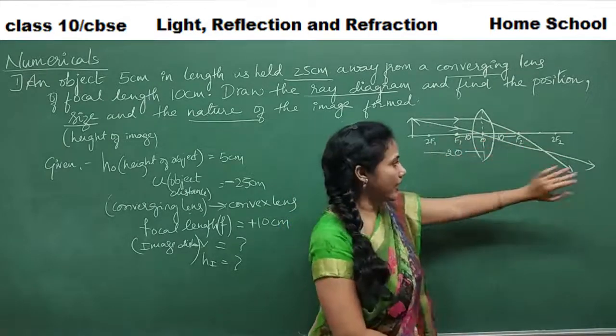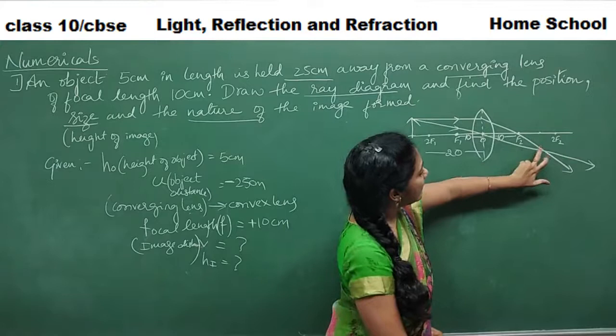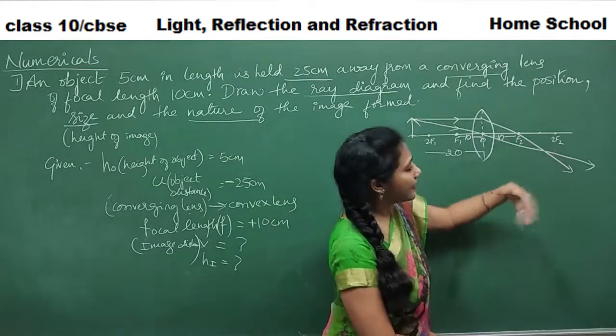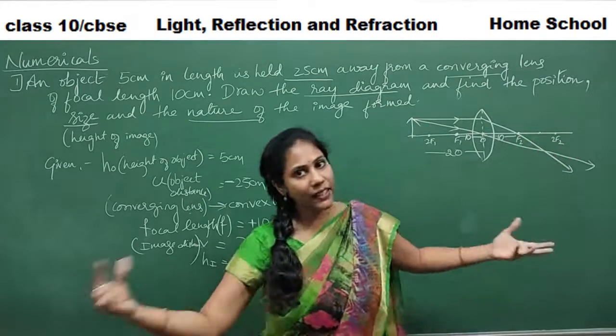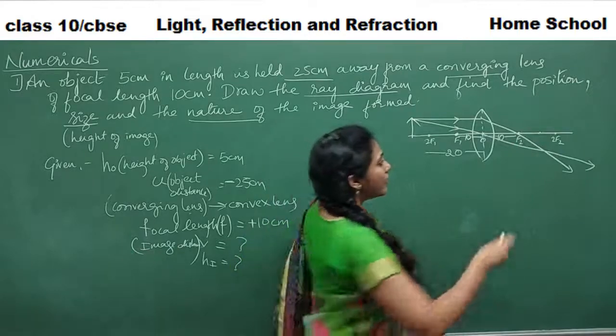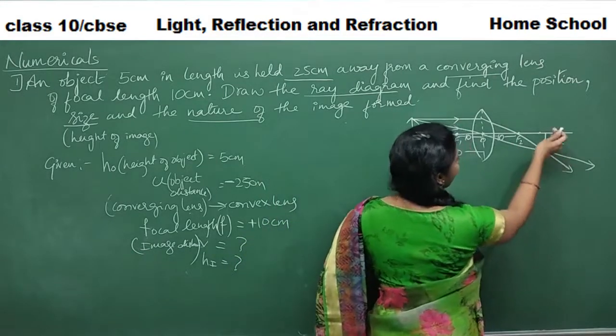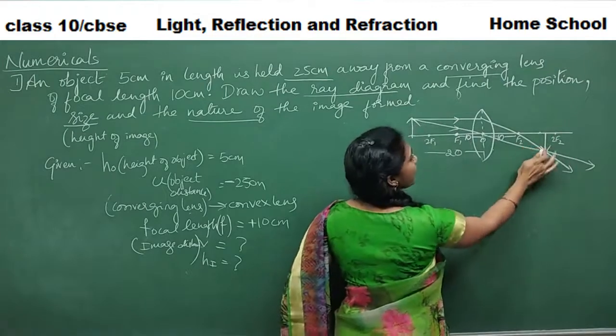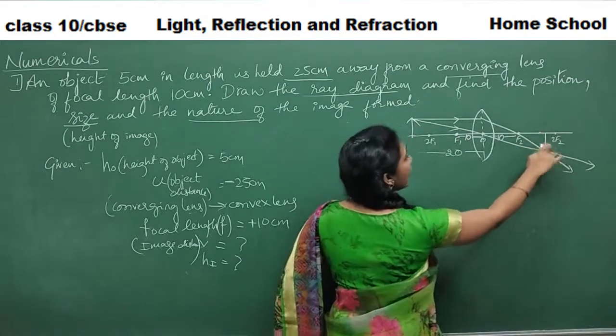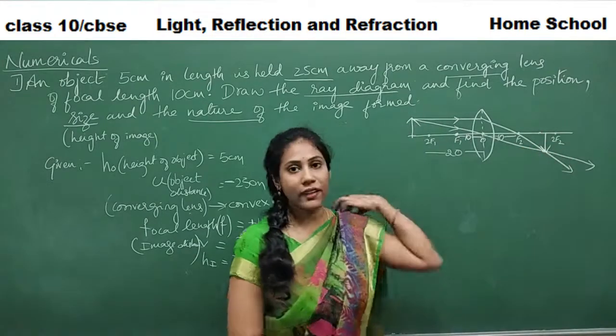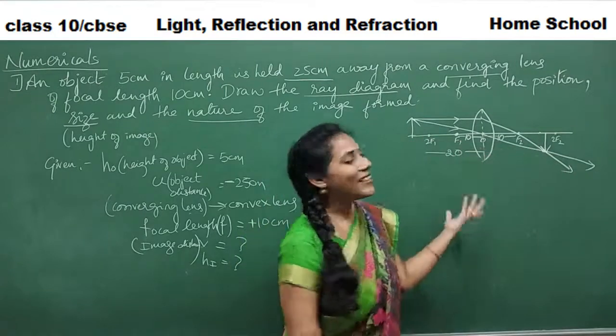It goes in a straight line. Okay, refracted rays, wherever they meet, their image actually forms, right? So this is where they are meeting. So you get your image inverted, from the principal axis to the point. If you draw, this is how the inverted arrow mark you get. Okay, say this is your ray diagram.